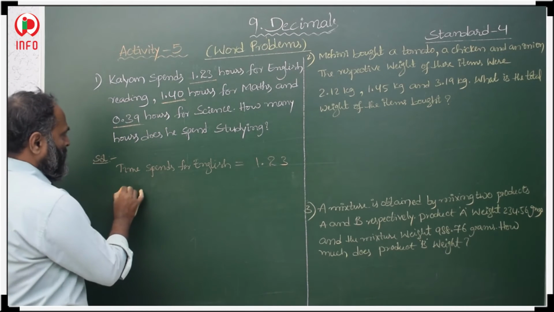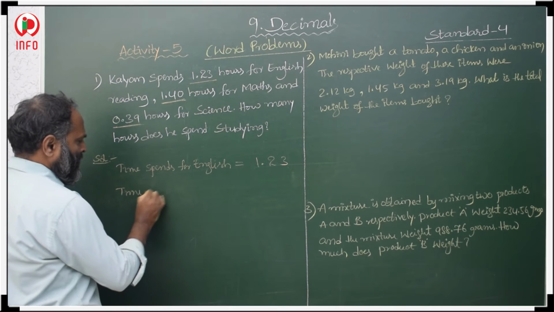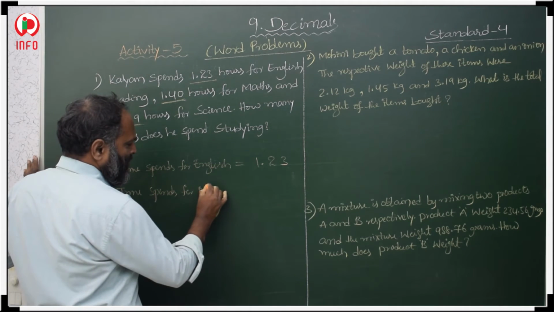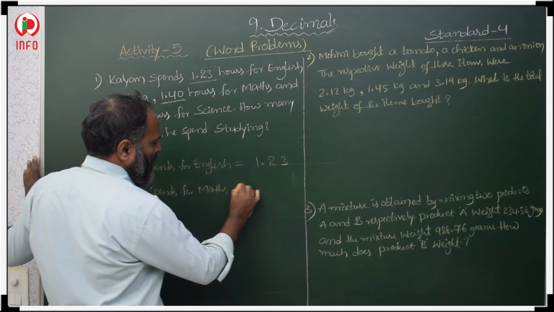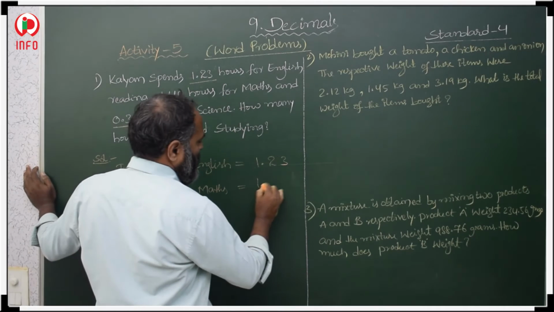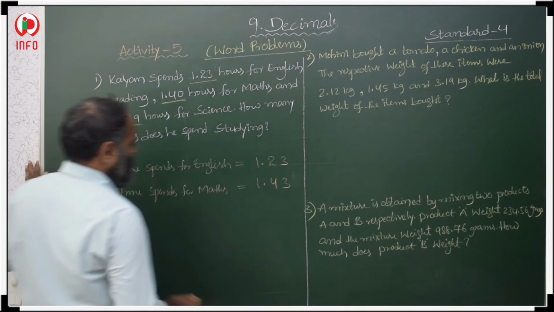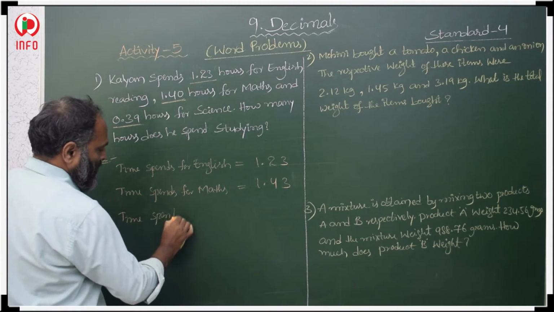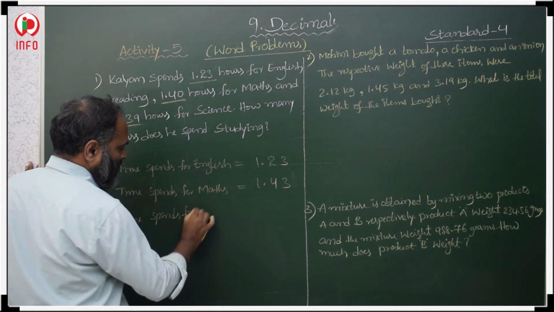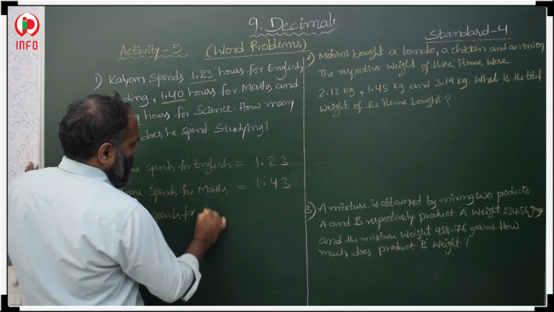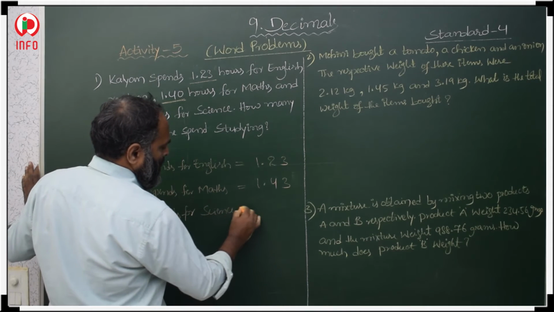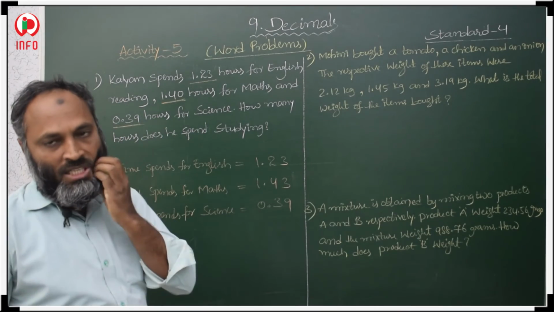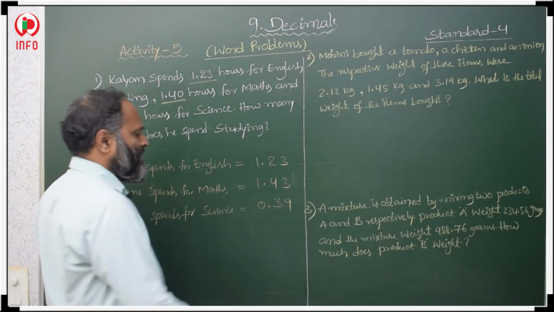Next, time spent for maths, that is 1.43. Time spent for science, 0.39 hours. Then total, how much time does he spend?